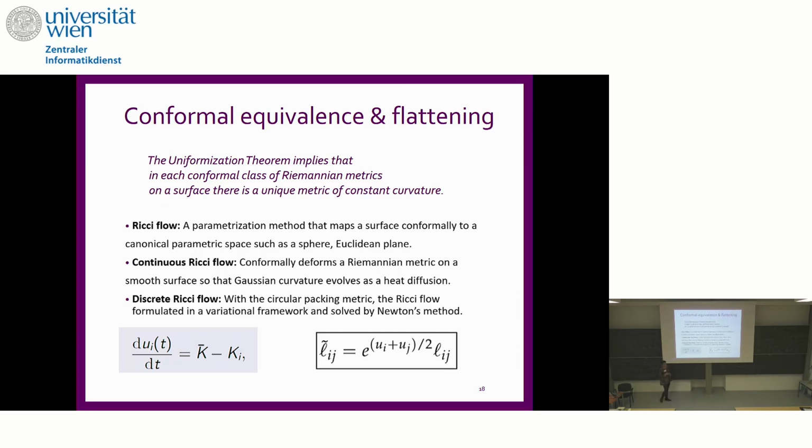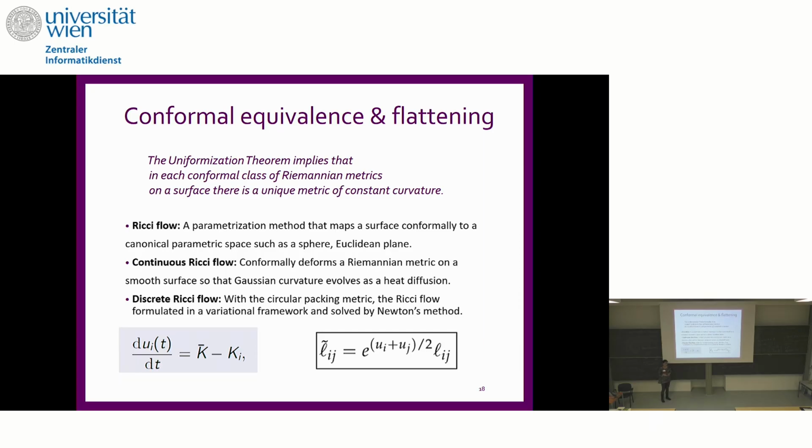So the discrete version was also introduced, and it's based on the equivalence that I defined here. The derivative of these local conformal factors should be equal to the distance that I have to the target constant curvature.